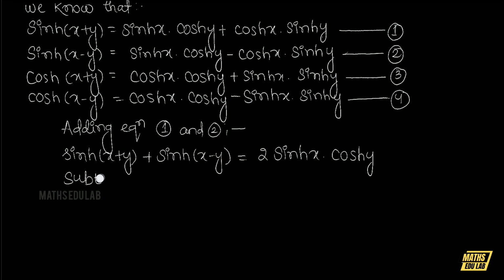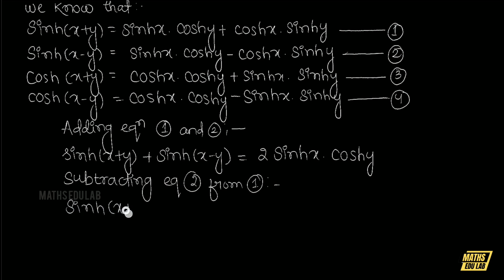Subtracting equation 2 from 1, we get sinh(x+y) minus sinh(x−y), which is equal to sinh x cosh y minus sinh x cosh y, and this value becomes 0.